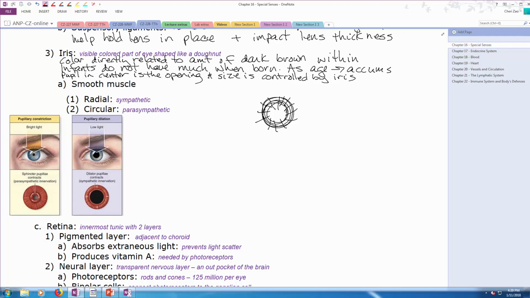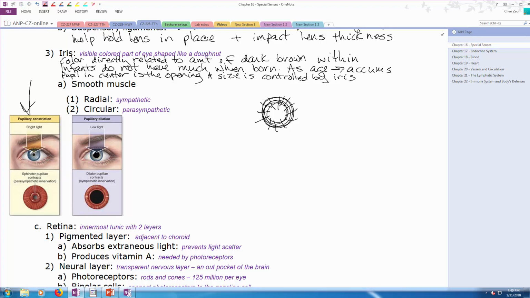So we actually have a radial direction to those smooth muscle fibers as well as a circular direction to those smooth muscle fibers. And when you contract the circular smooth muscle fibers, what will happen, without looking at this picture and just thinking about what will happen to the size of the pupil? It gets smaller. So the circular muscle fibers will make it smaller, and we all know the pupil does get smaller in bright light.